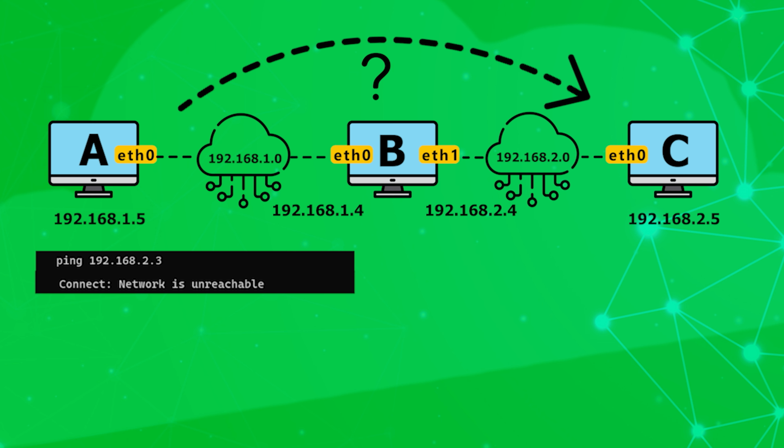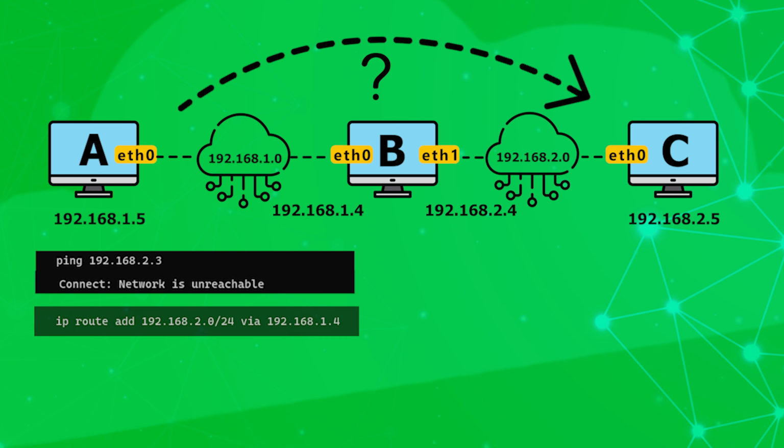So on machine A we can run the following command: ip route add 192.168.2.0/24 via 192.168.1.4.